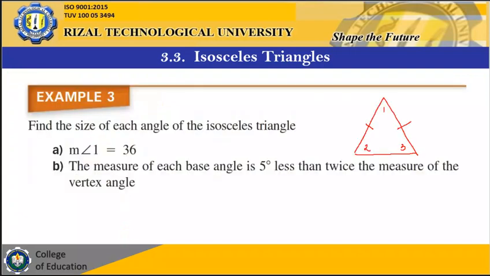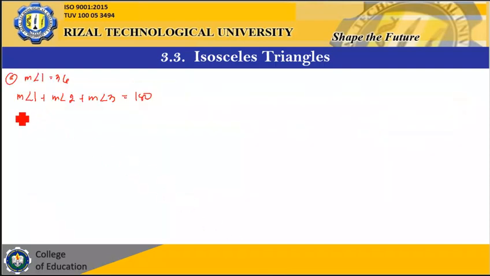But what we can infer here is that angle 2 is congruent to angle 3 because they are base angles, and we have already shown that the base angles of an isosceles triangle are congruent. So the measure of angle 2 is equal to the measure of angle 3.